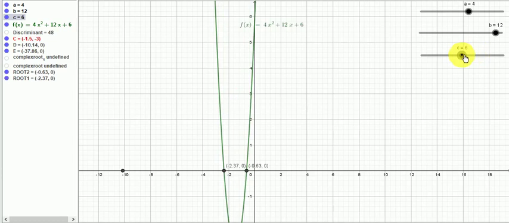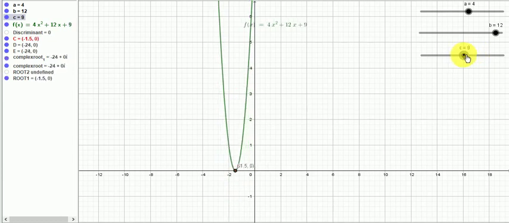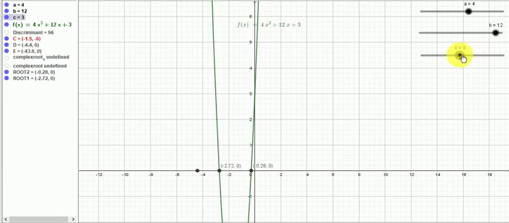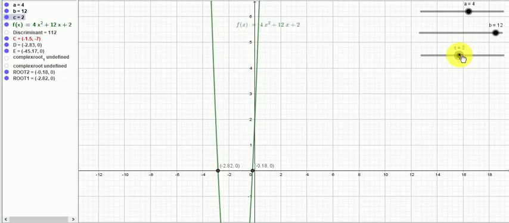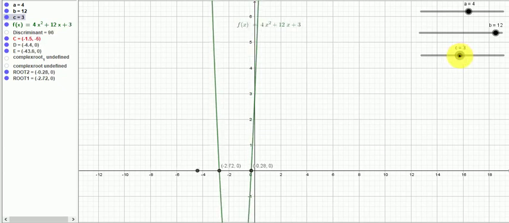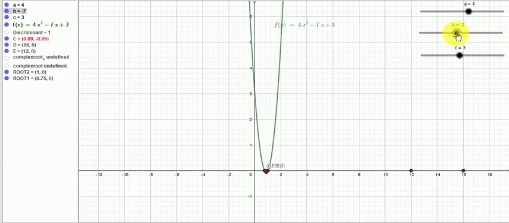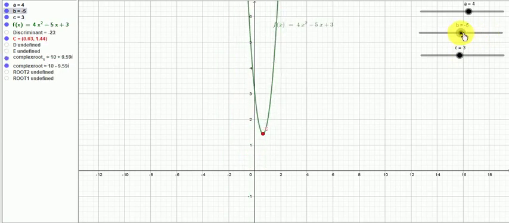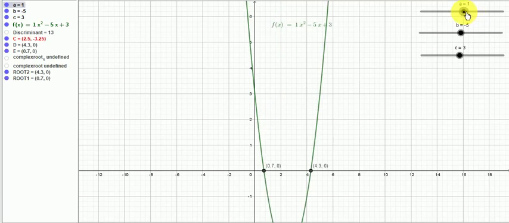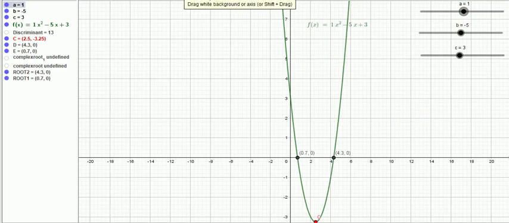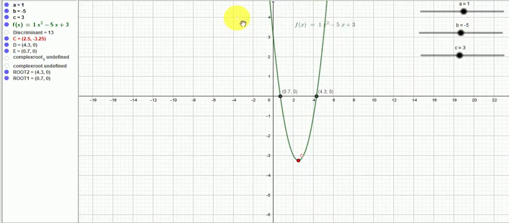Okay, let's take this instead: c is equal to 3, b is equal to minus 5 and a is equal to 2. So here what you observe is that both the roots are positive.